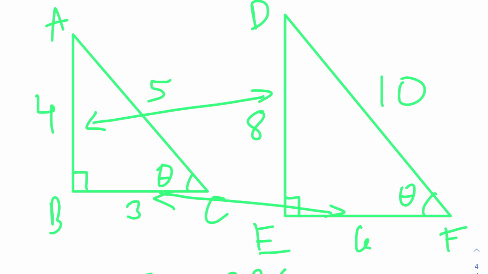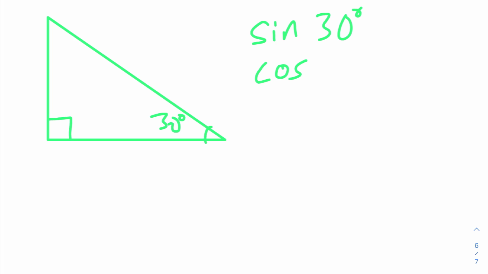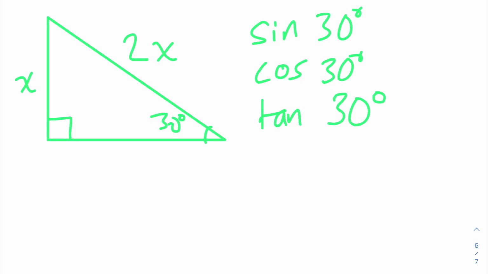And this also tells us one other thing. Let's draw another triangle. This angle is 30 degrees right here, and this is 90 degrees. This tells us that sine 30 degrees, cosine 30 degrees, and tangent of 30 degrees will always be congruent, because we'll label this side x, this side 2x, and this side x root 3.